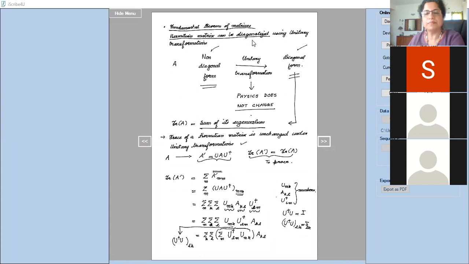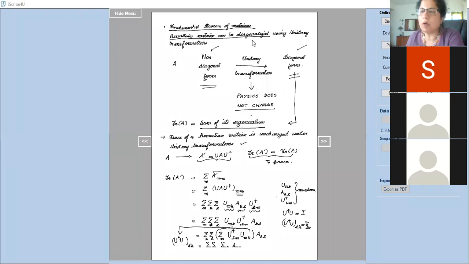So thereby we have summation over K, summation over L, delta LK A KL.